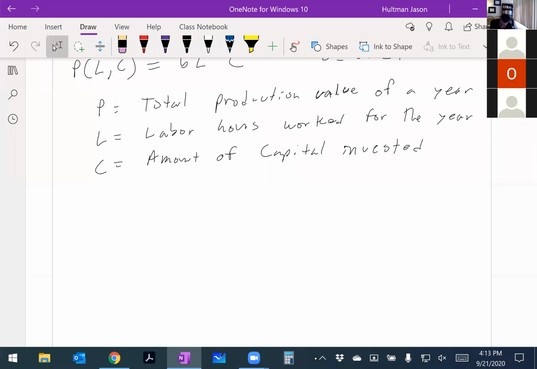So let's look at P(L, C). This is a multivariable equation.